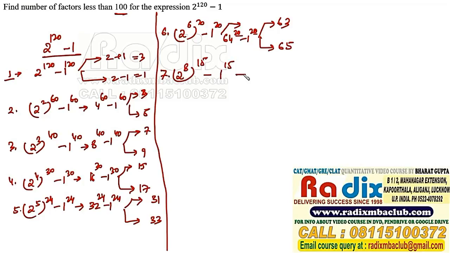Now this is very important. This is 128 to the power 15 minus 1 to the power 15. Because we have an odd power, it is divisible by only their difference, 127, right? And 127 is a prime number, and we need to count numbers less than 100. So we will not consider this case. So we have the remaining cases only.